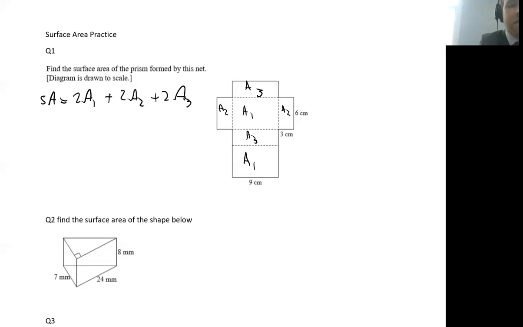So for this next step, we just need to put in the values for the area of A1. So A1 is going to be 9 by 6, so it's going to be 2 times 9 times 6 plus 2 times, and area 2 is going to be 6 by 3, and then 2 times area 3, which is 9 by 3.